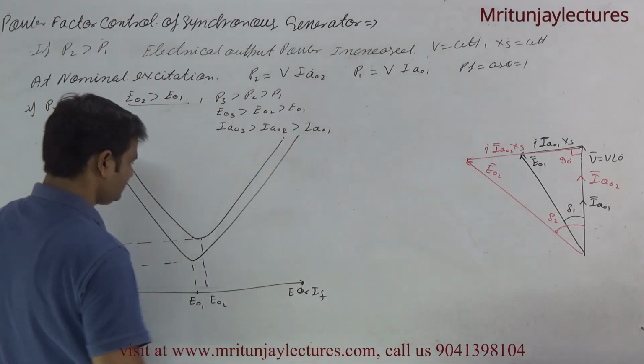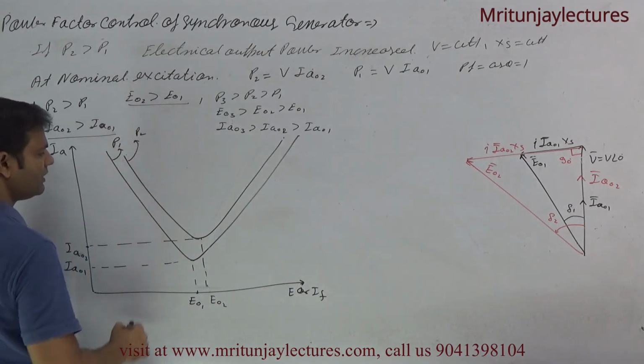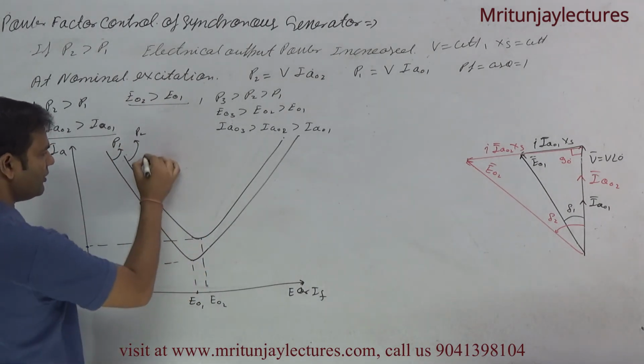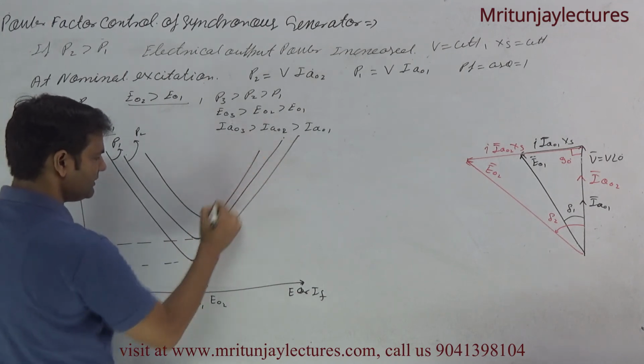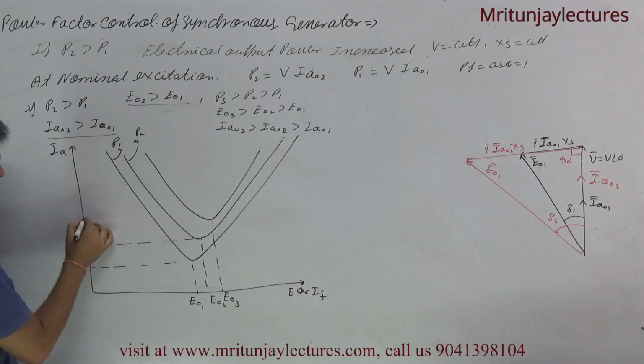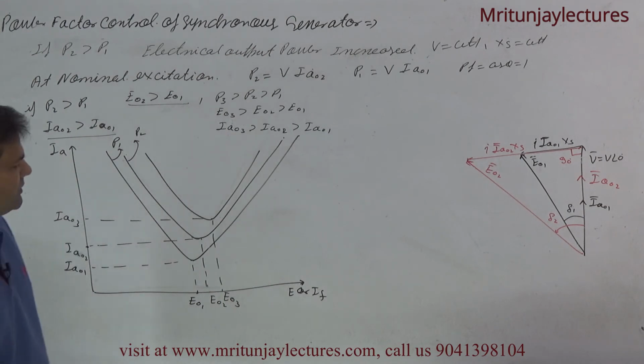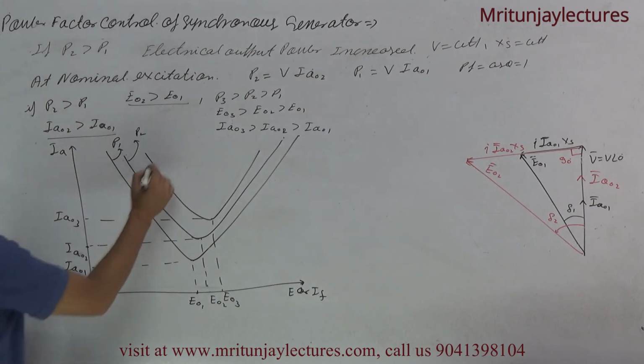So this is corresponding to P2, and again if you plot, that is E03 and this one IA03. Clear? That is the V curve.